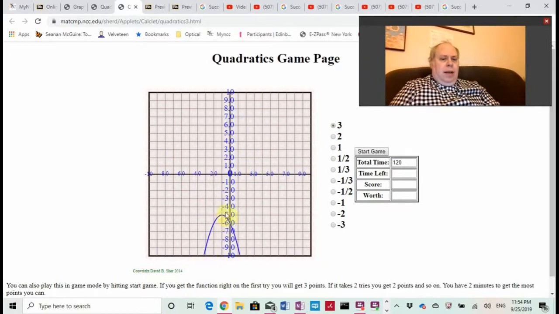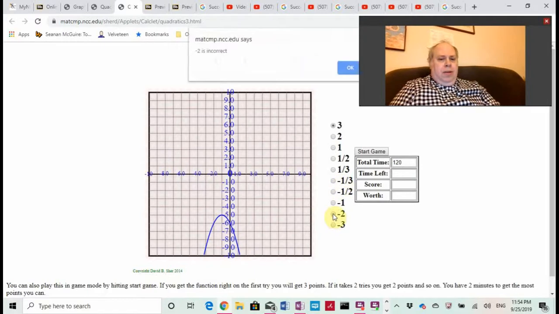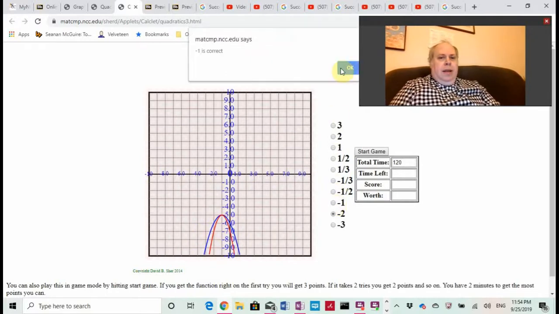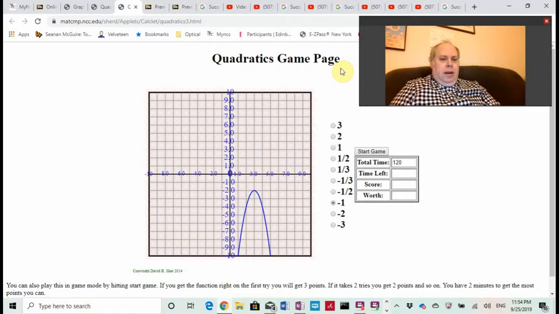This one is upside down. It's like a mountain. The vertex is at the top. So I'm going to look at the negative ones. And so maybe that's a -2, but that's not right. -2 is narrower. -1 is what this one is.